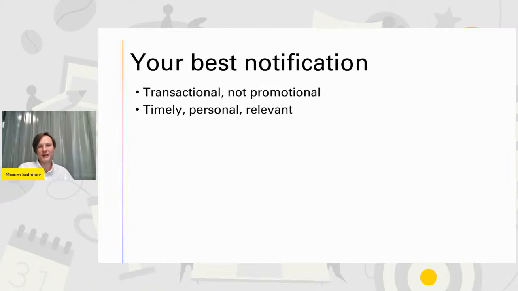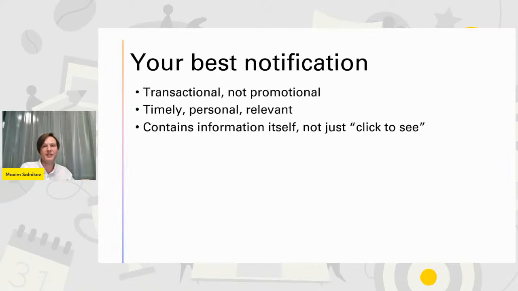So your best notification is timely, personal, and of course relevant, right? I mean, I as a recipient of a notification want to receive only the ones that are somehow valuable for me at this time point. Also, remember that you have lots of fields to actually express what you want to deliver in this message.